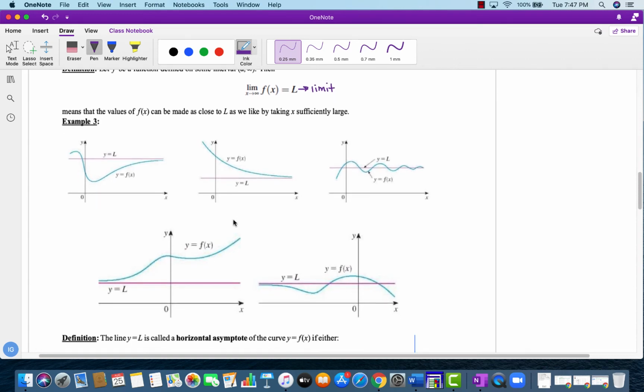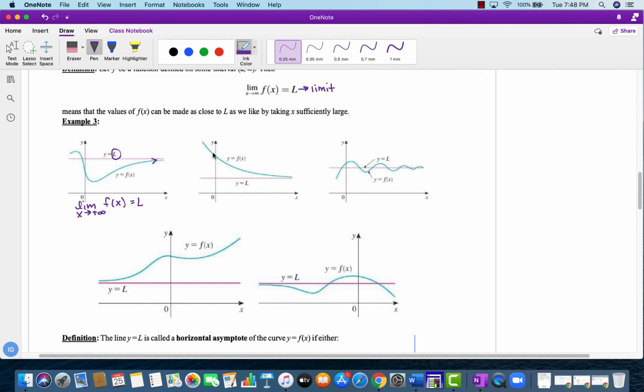So notice here, I'm going to write it right here. So the limit as x approaches positive infinity of this function. So as we go to positive infinity, we're going this way. It looks like it's getting closer and closer to this line right here, which is equal to L. So whatever that value, that's going to be your answer. Okay. Same thing here.